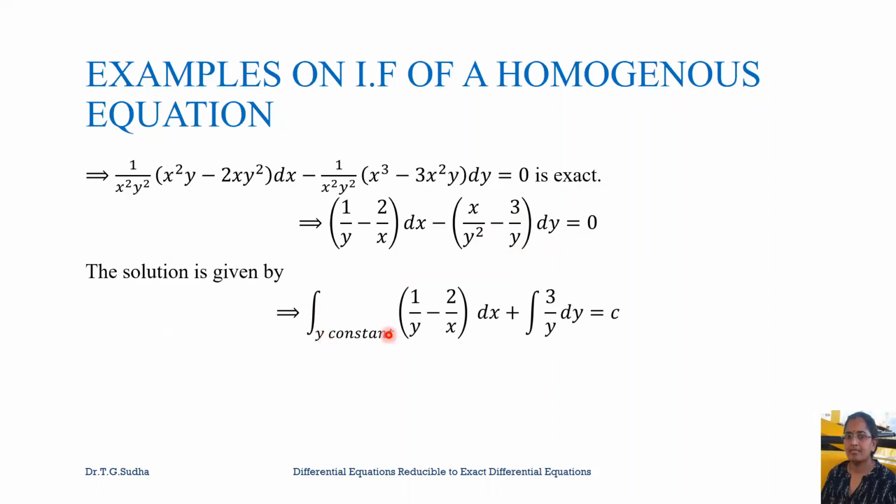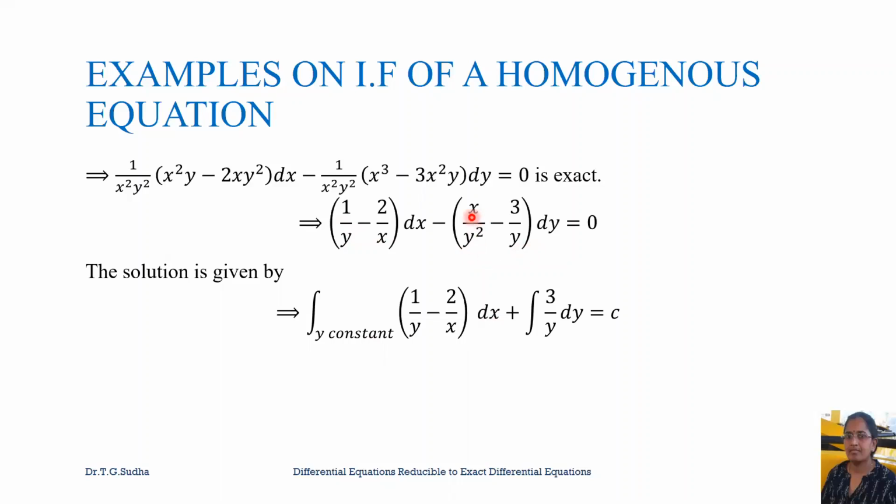integral of (1/y − 2/x) dx, that is, this coefficient of dx, which we call M. So M dx, keeping y constant, plus the integral of all those terms which are independent of x.